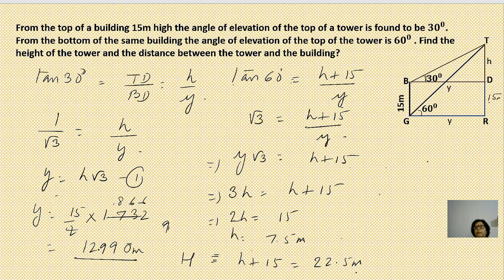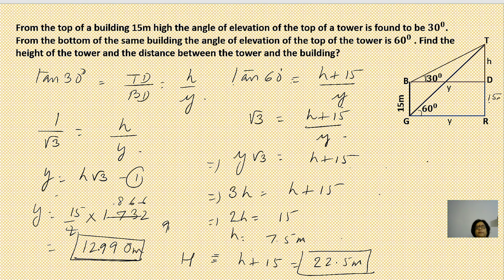The height of the tower is 22.5 meter, and the distance between the building and the tower is 12.990 meters. So this is one answer. Here it must be understood that the height of the tower will be H plus 15. And the figure has to be drawn very neatly and in the right perspective, then only we can arrive at the solution.